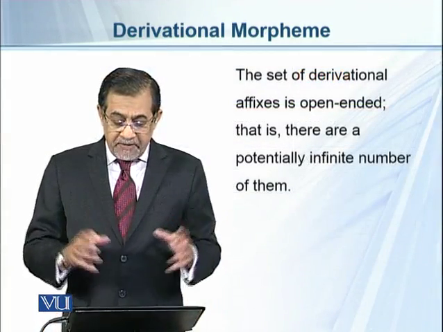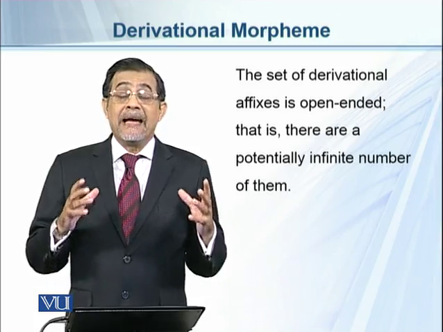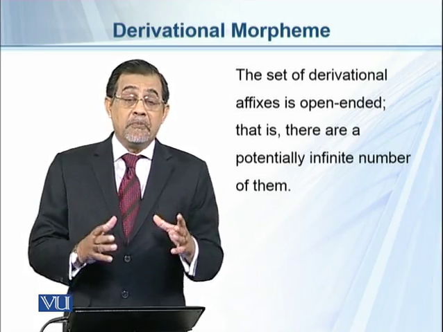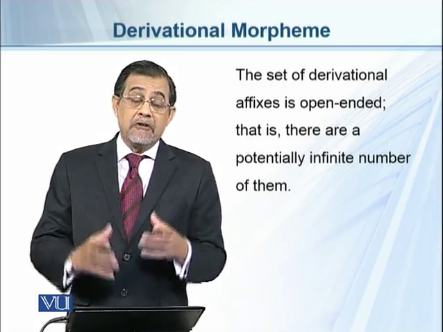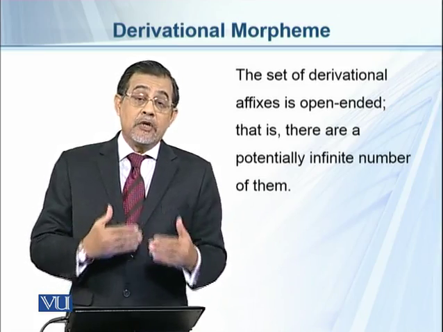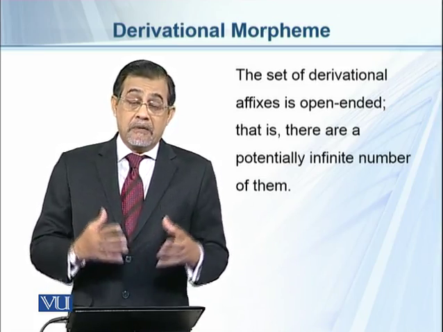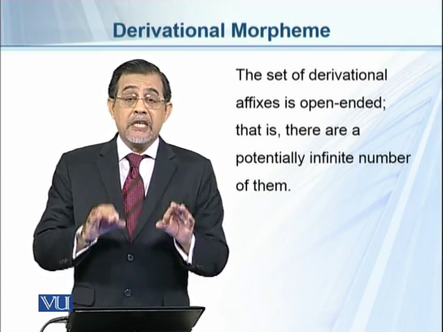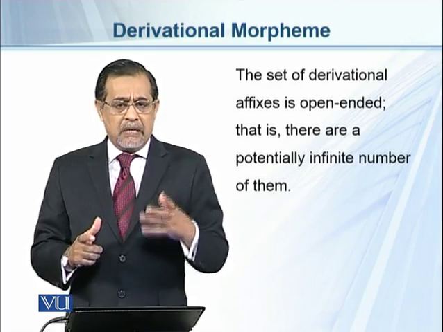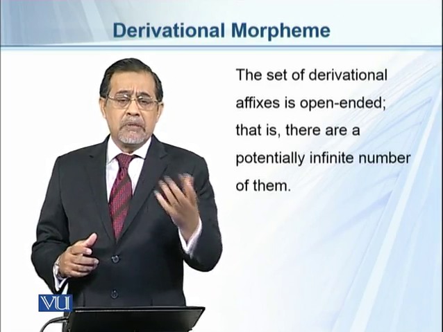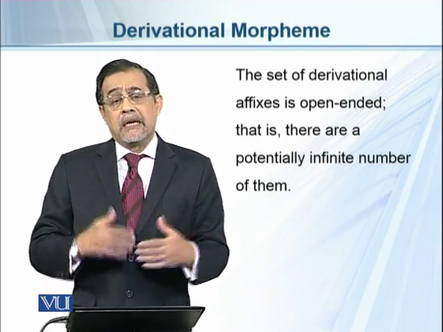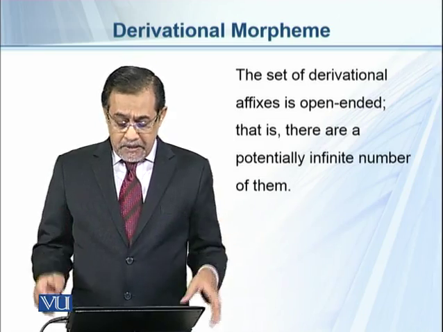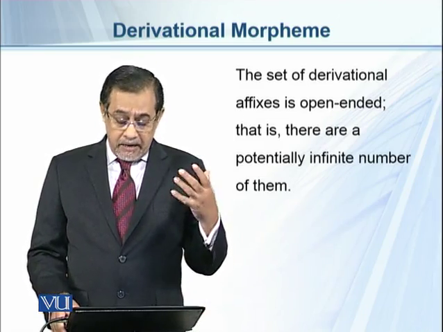So the set of derivational affixes is open-ended. What does it mean? It means that there is a possibility of more affixes being added to these derivational morphemes. However, at a certain time, their number is quite countable, but they are like open class words.